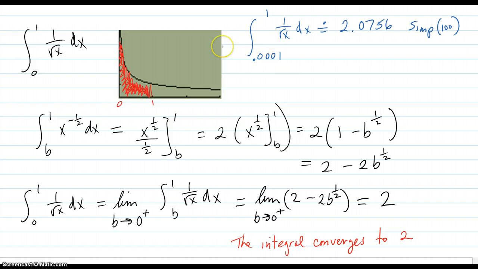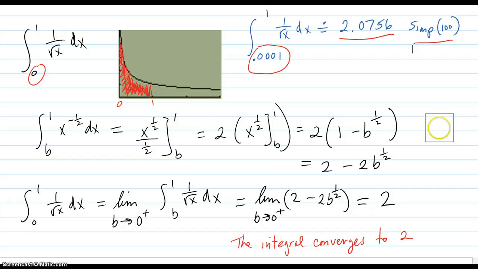Trick of the trade is, 0 is where the trouble is, because that's where the function goes to infinity. You can put in a small number almost to 0, but to the right, and get a sense for what the integral is going to do. This integral evaluates out to 2.0756 using Simpson 100.